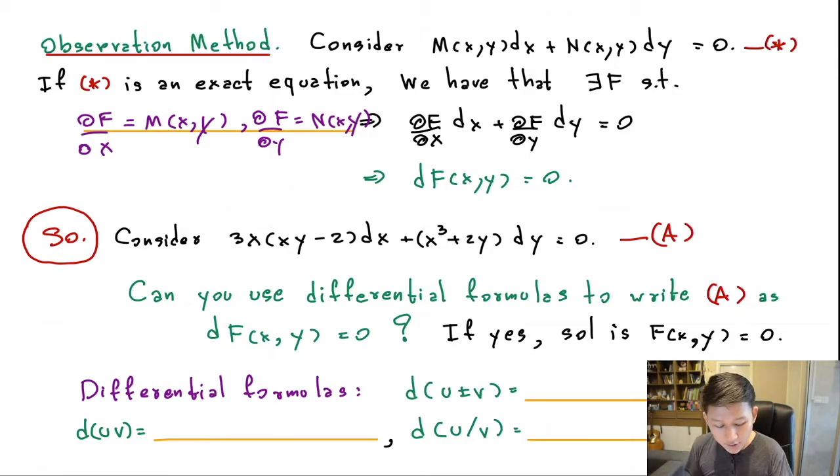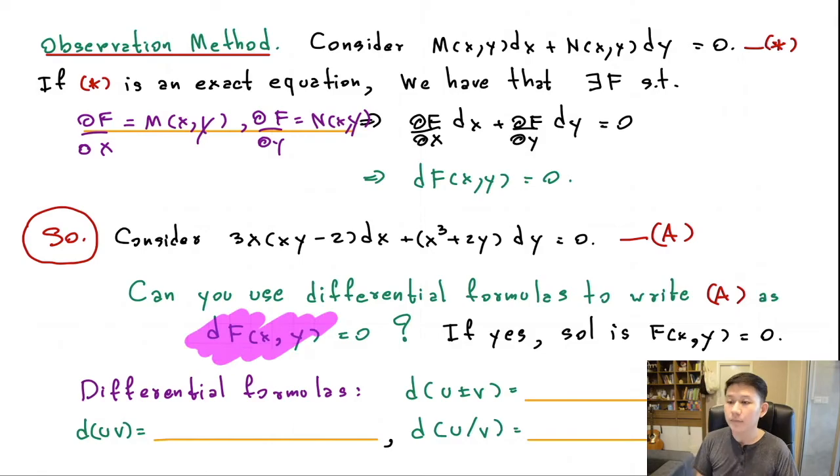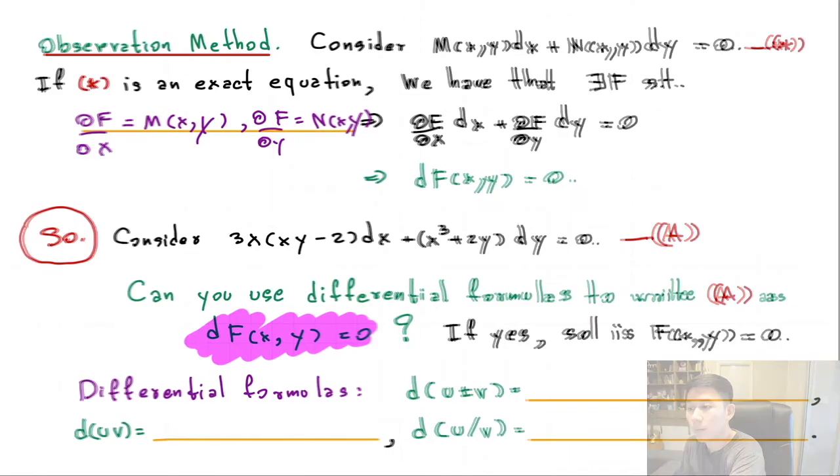And then let's consider this equation. Can we use differential formulas to write it as this? If yes, the solution is f equals 0. So what is the differential formula?